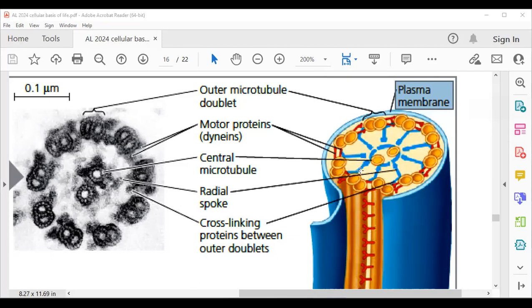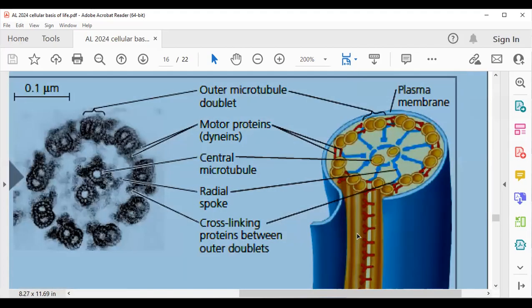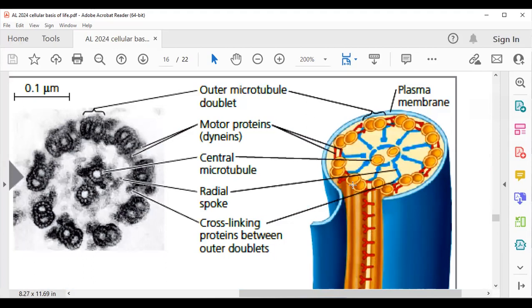Within the plasma membrane, can you see these tubular structures, the orange colored ones? They are microtubules.